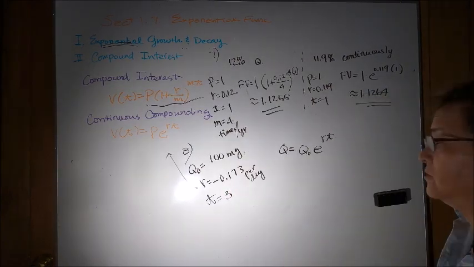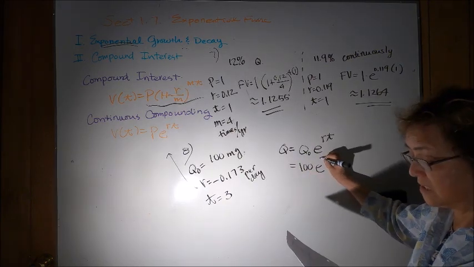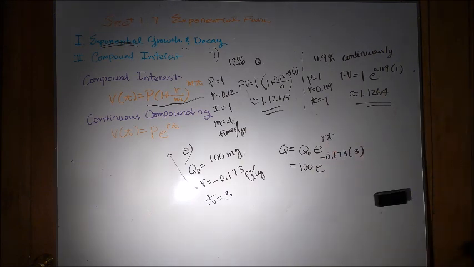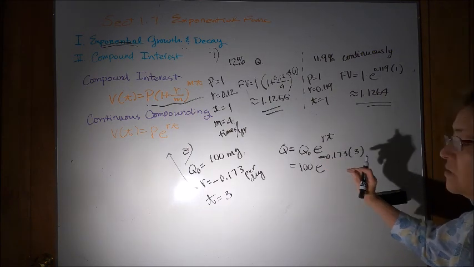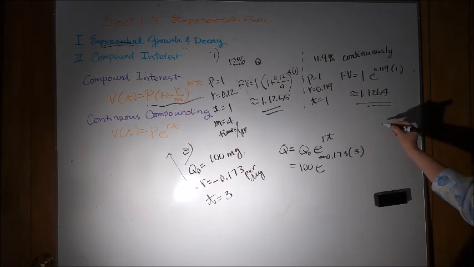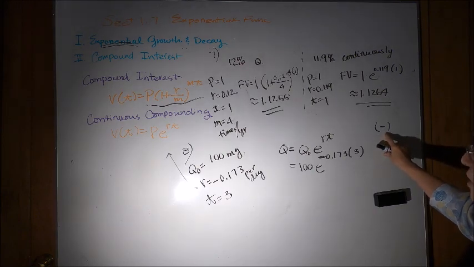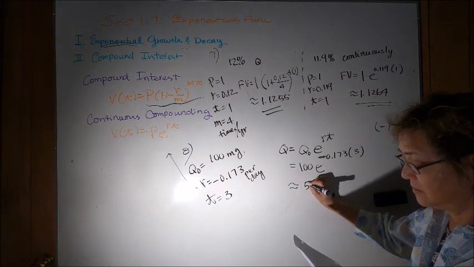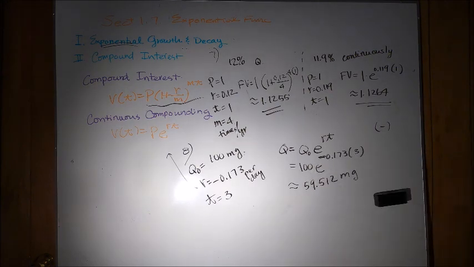You need to identify those to be able to plug in. So you will do e to the negative r times t. On your calculator, when you type in the negative power, don't use the minus sign. There is another button on your calculator that looks like a minus sign, but it's for negative numbers. You need to use that button. So it's about 51.2 milligrams. That's how we use continuous compounding to handle decay.